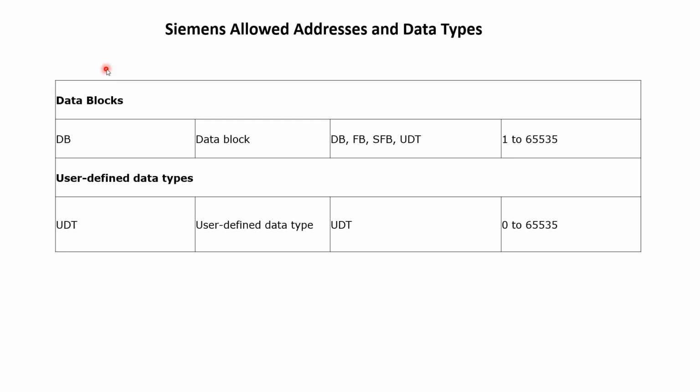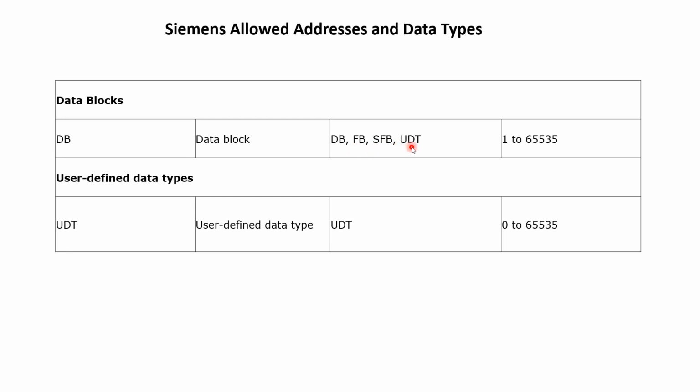You create a data block, say DB0, DB1, DB2, DB3, DB4. Then you store the values for that particular program of yours, the timer values, the level of the tank, the status of the inputs and outputs. The same data block can be exported and sent to managers as an Excel file if you want to do that. And then the data types can be DB, FB, SFB, or UDT.